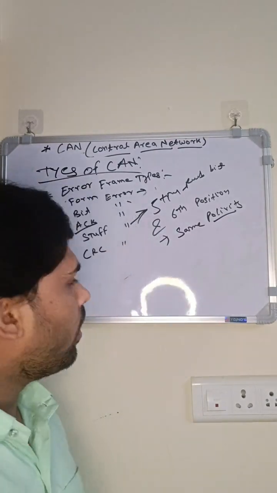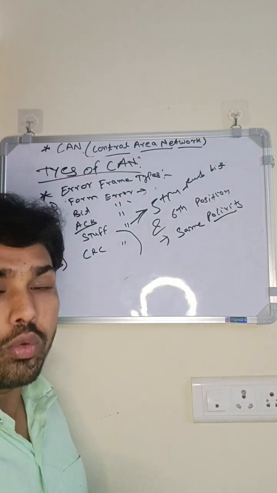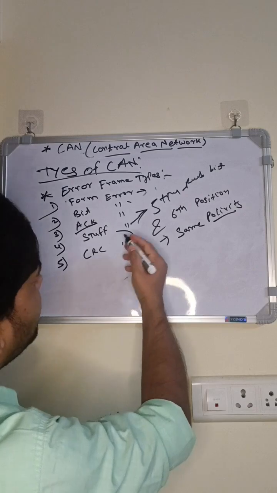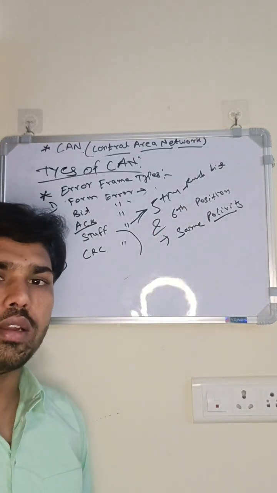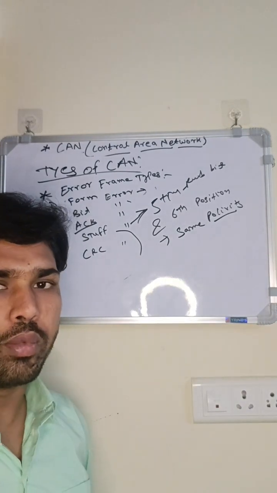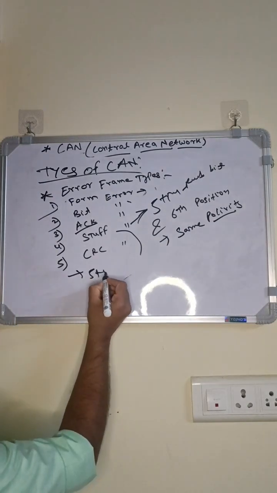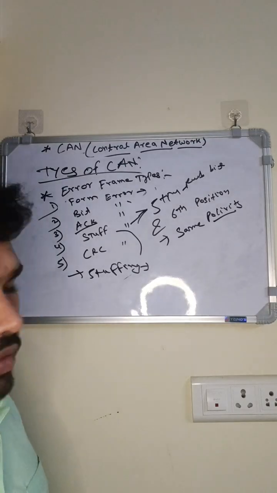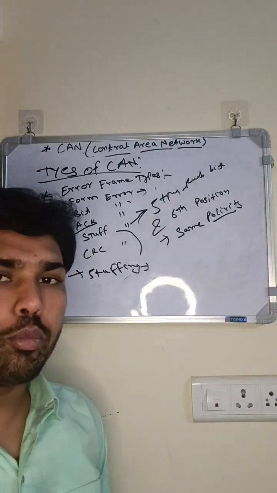Now, in stuffing, how do you do stuffing and how do you do de-stuffing? As I said, 5 consecutive recessive bits followed by a sixth of the same polarity is a stuff error. But in stuffing, we send 5 consecutive recessive bits and the sixth one is of opposite polarity.